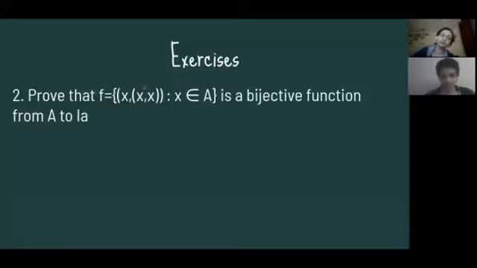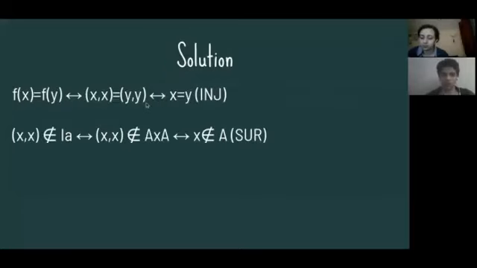What this is saying is that if x, x is not in I of A, the function that I'm mapping into, then there is no such element x in A. Or, what this means is that for any x that belongs to A, there is an element x, x in A cross A. So the only case when you do not have something mapping to the range is if this thing is not in A, which means that if you have something in A, then you are guaranteed that it maps to something, which means that it's a surjective function. And if it's both injective and surjective, then it's bijective.